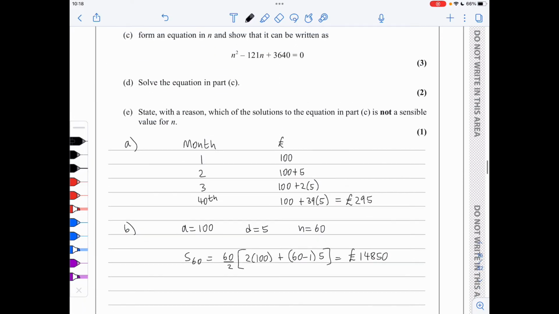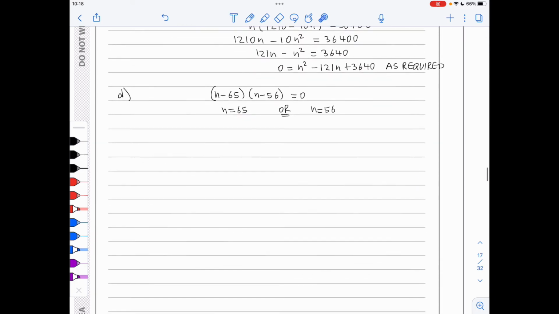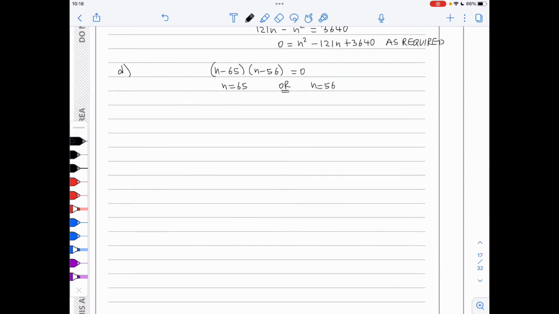And then in part D, we need to state with a reason which of the solutions is not a sensible value for n. So I need to state the non-sensible value and then explain why this is so. So obviously we go for n is 65 is not a sensible solution.